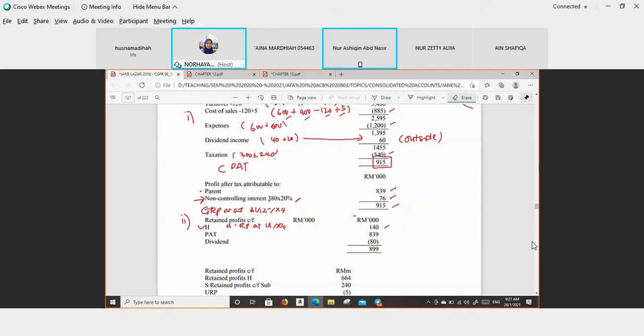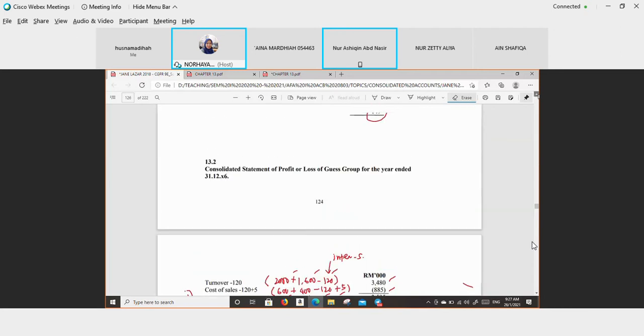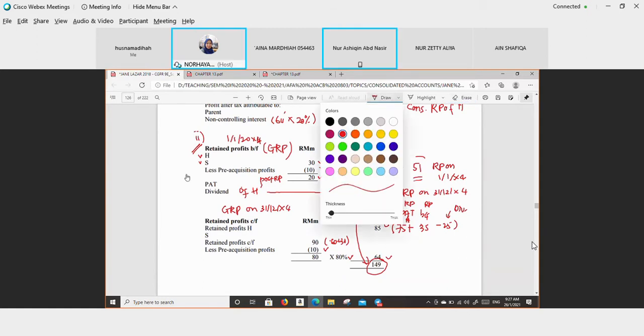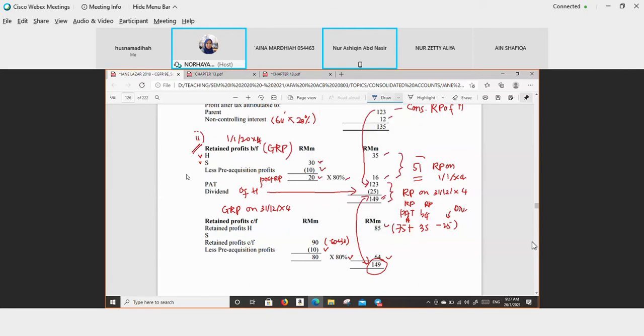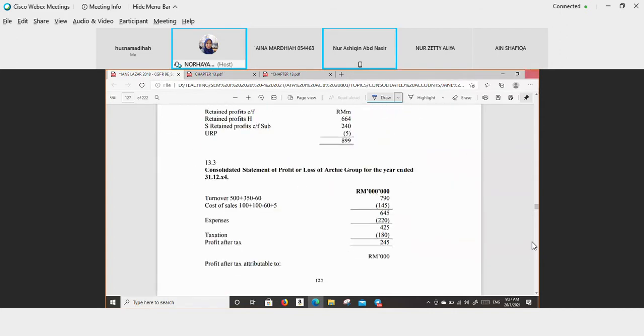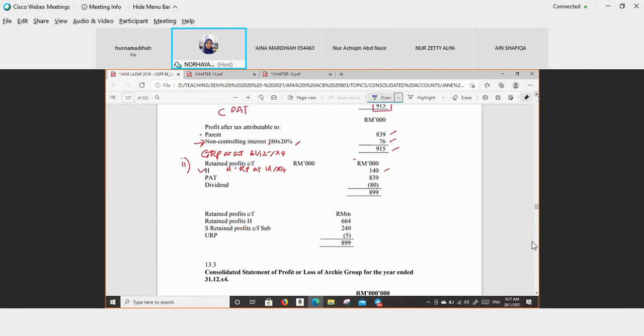Follow. Kalau question number 1 tadi, if you still remember, you take S as well. Sebab yang dalam S tu dia ada pre and post. But for the second question, we cannot take from the opening profit of the subsidiary because all of the opening profit of subsidiary is pre-acquisition. So tak boleh ambil lah.